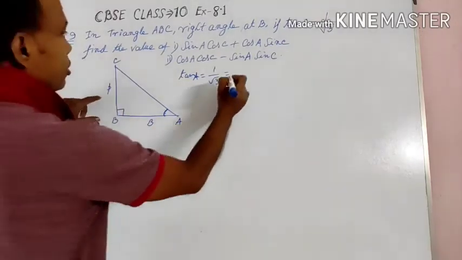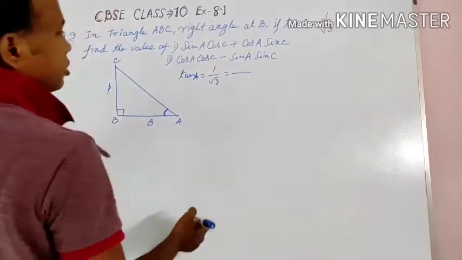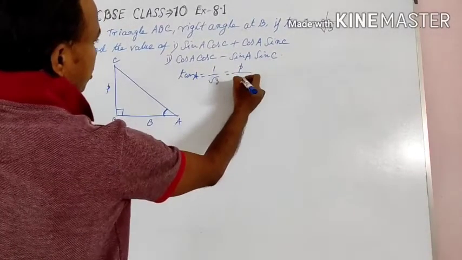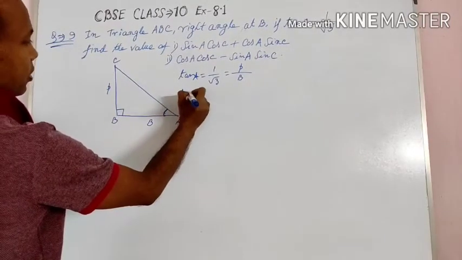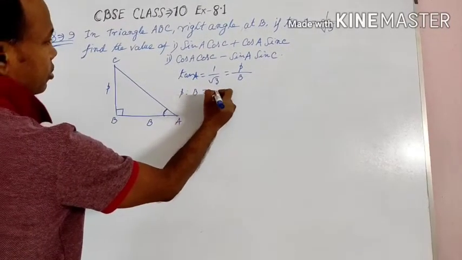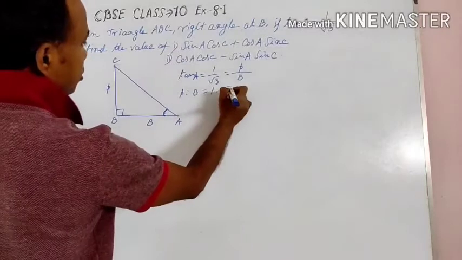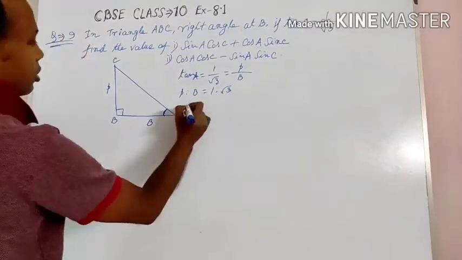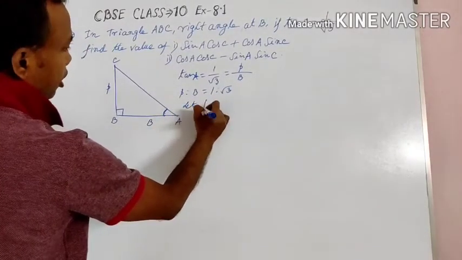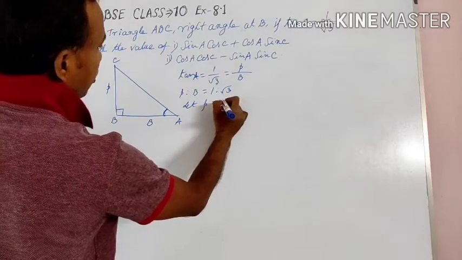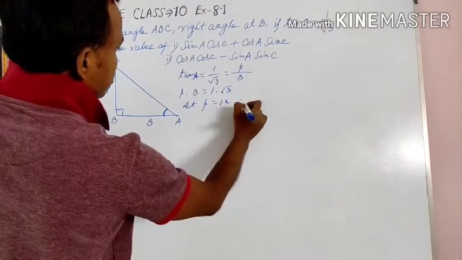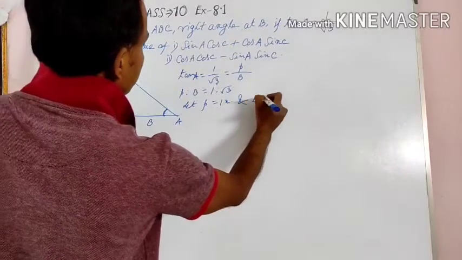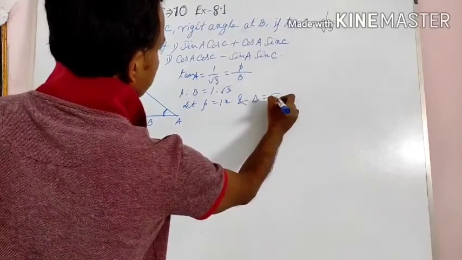We know that tan A is equal to perpendicular by base. So the ratio of perpendicular to base is 1 is to root 3. So let perpendicular be equal to 1x and base be equal to root 3x.